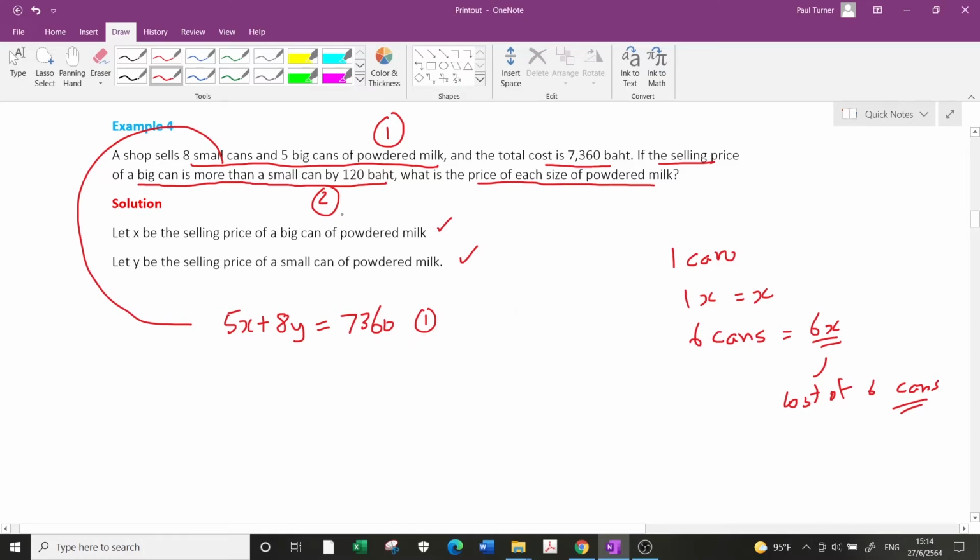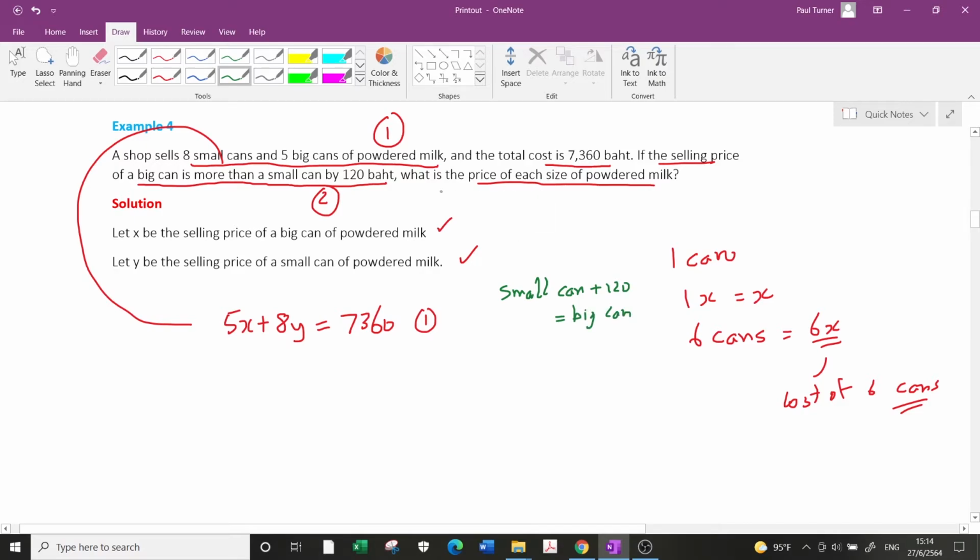And in the second statement here, we're told that the selling price of a big can is more than a small can by 120 baht. So we could write that as a small can plus 120 is equal to the cost of a big can.